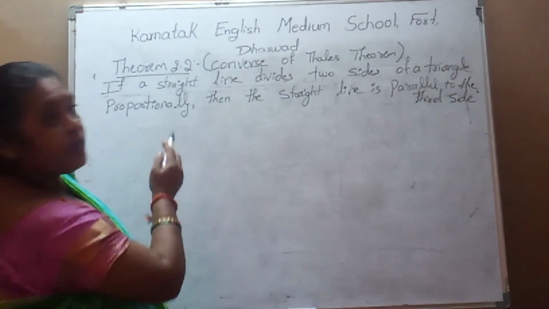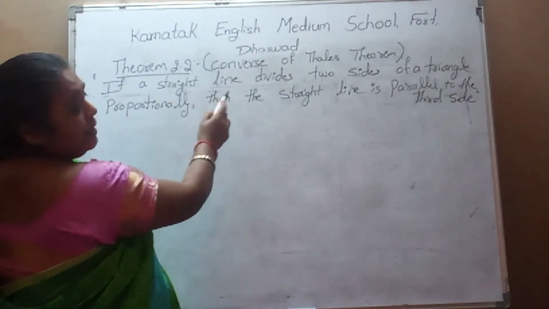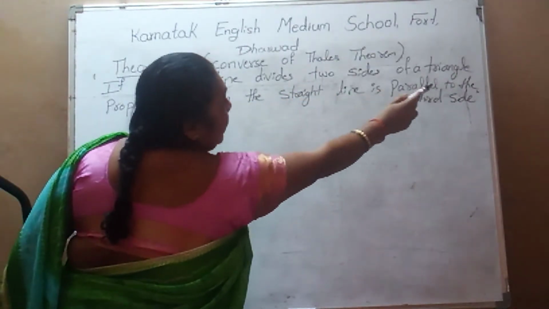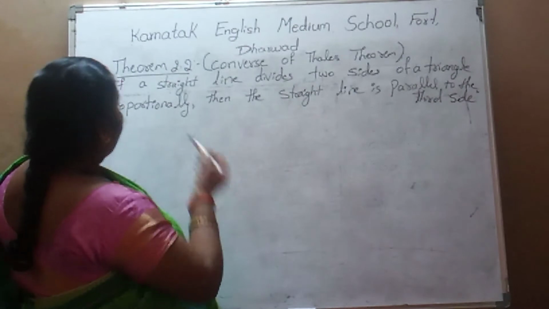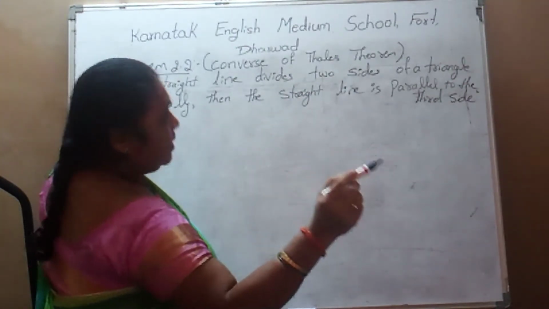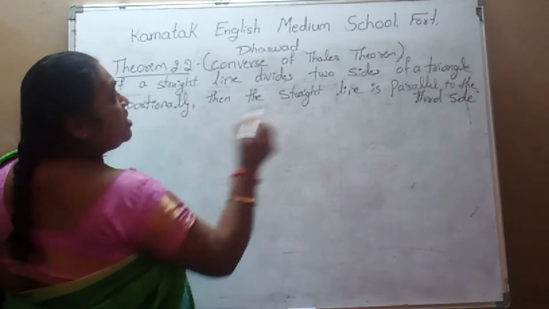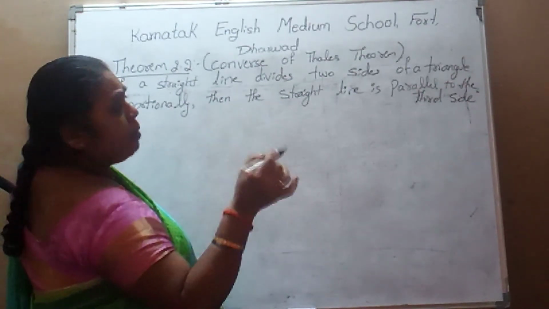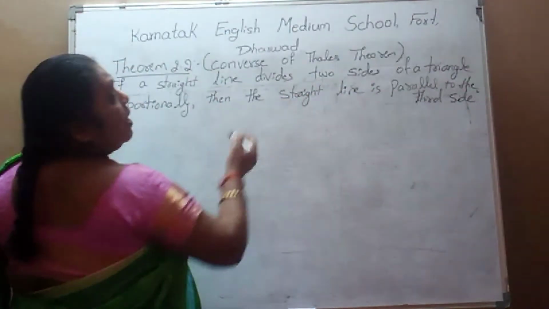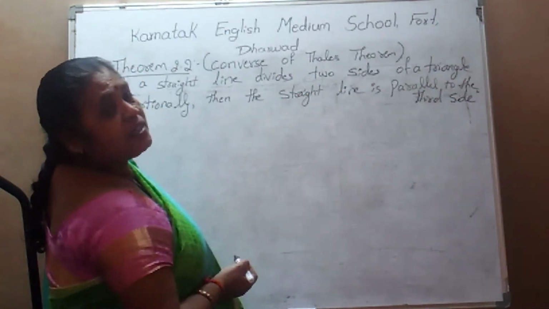If a straight line divides two sides of a triangle proportionally, then the straight line is parallel to the third side.